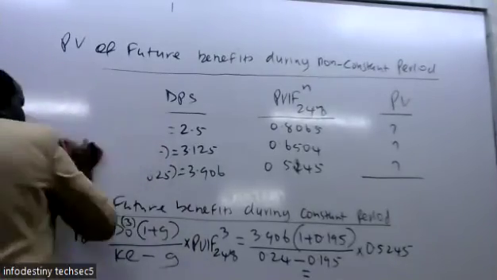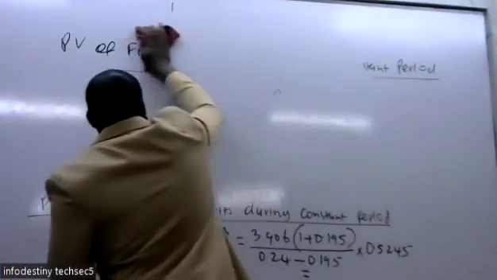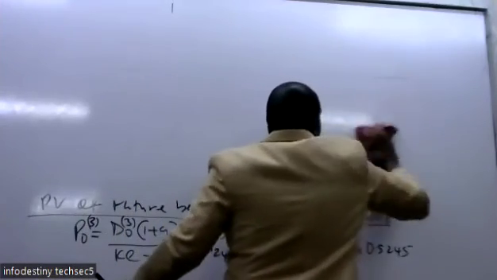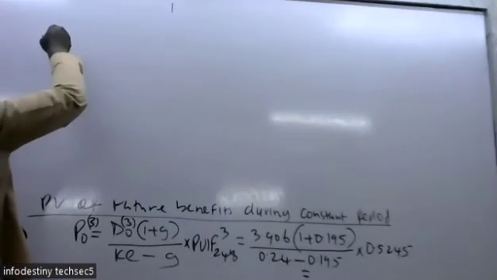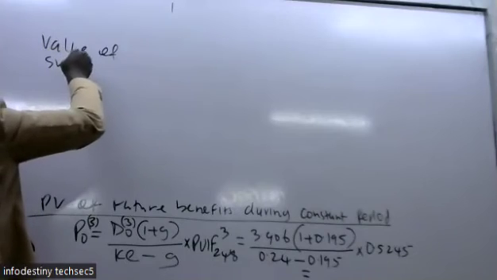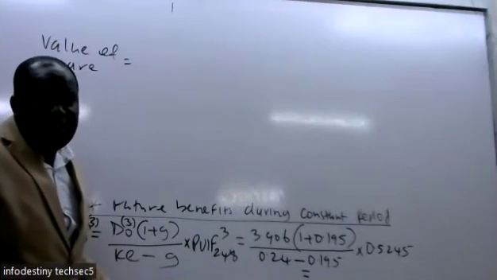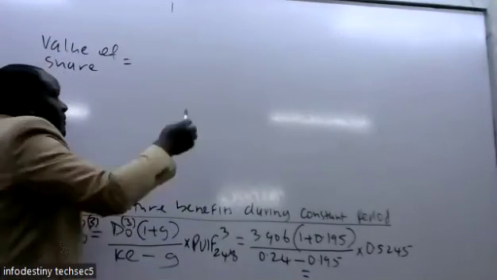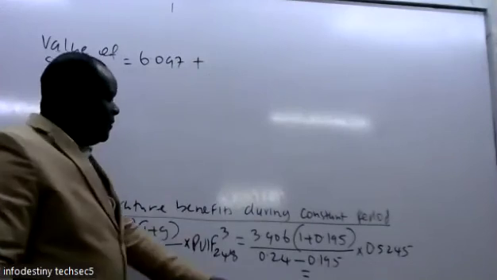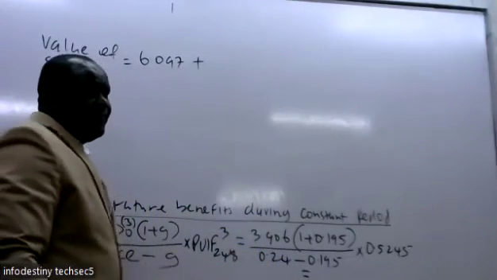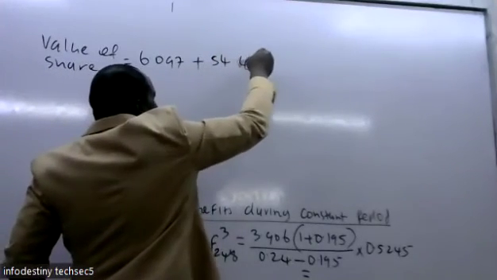The value of the share will be the present value of the future benefit during the non-constant period, which you said was 6.097, plus 54.404.